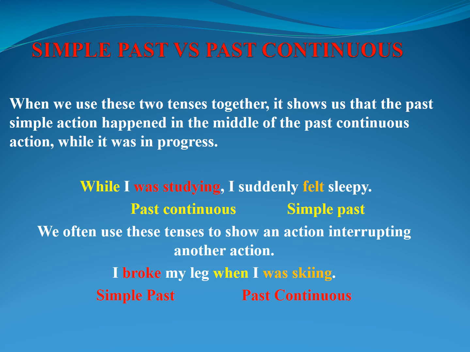So even if we started the sentence with the simple past, it is always known that the simple past interrupted the action of the past continuous, even if we haven't started the sentence with when or while.